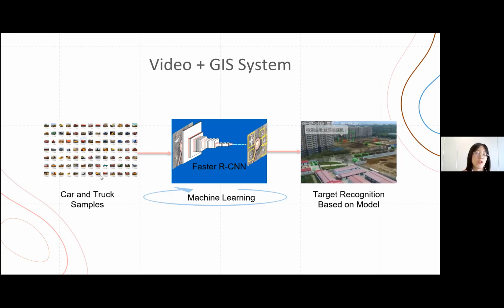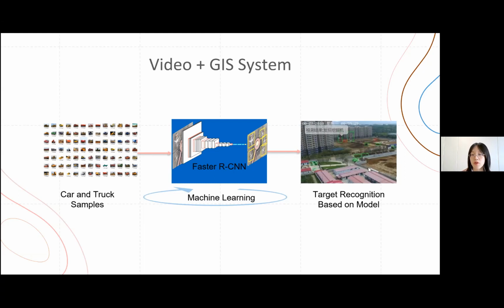First, we would use some sample data, that is images of cars and trucks, and then build an AI model or machine learning model and train that model using those sample data, so that the model can automatically recognize car and truck features from the video.